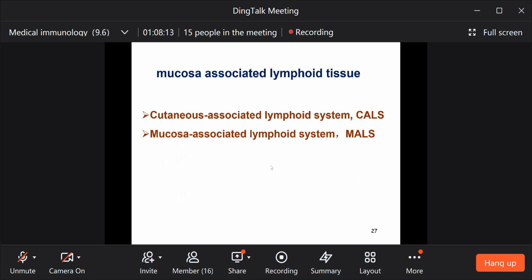A number of individual T or B cells, macrophages and plasma cells lie just below the mucosal epithelium in many regions of the alimentary, genitourinary, and respiratory tracts.